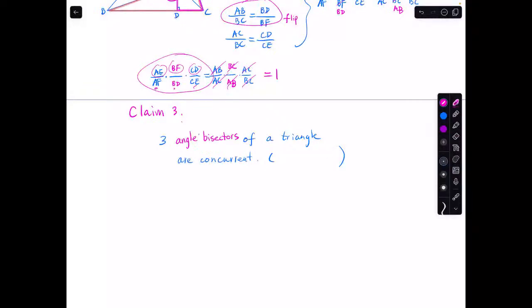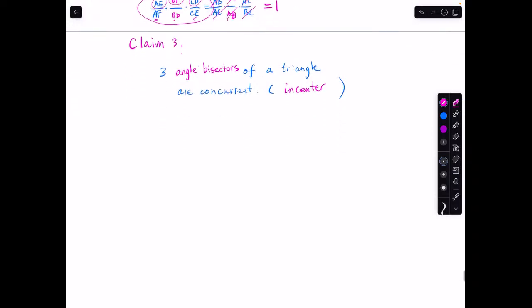This is going to be the incenter. So how do we prove this? Again, using Ceva's theorem, right? Here the triangle again ABC, and the angle bisector here.